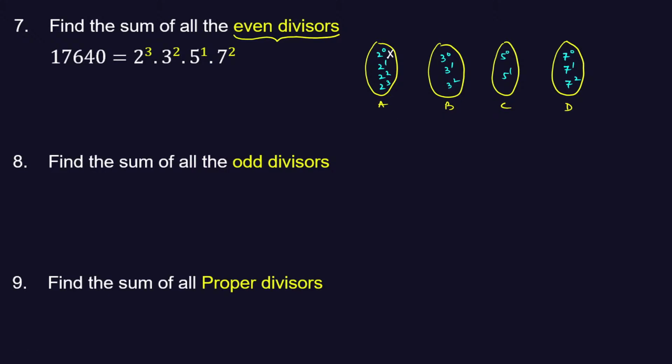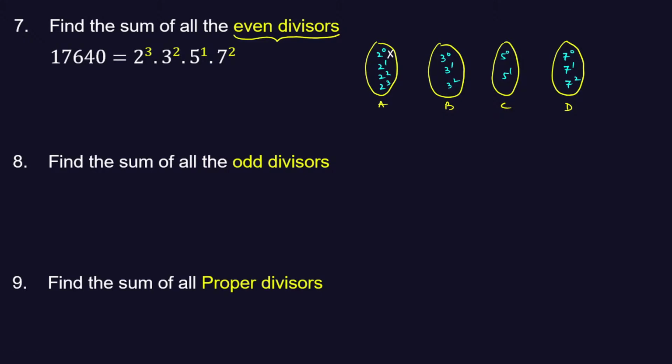Why? Because 2 to the power 0 is basically 1. And if that 1 is multiplied with the other elements from the sets B, C and D, it will give us an odd divisor. But I need only even divisors. So I am rejecting 2 to the power 0.